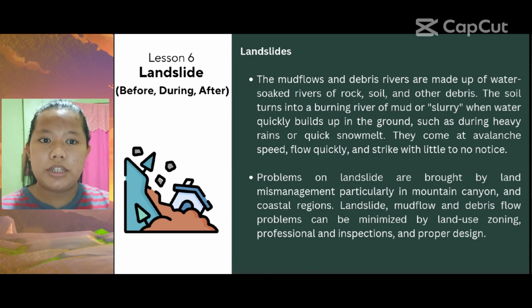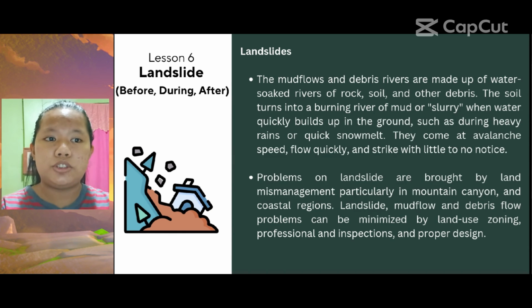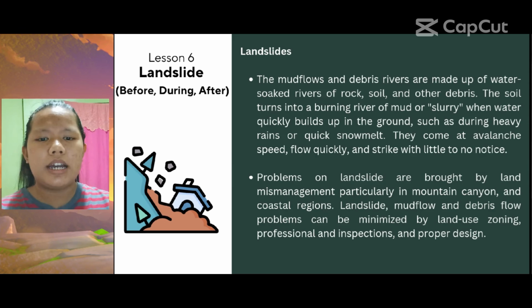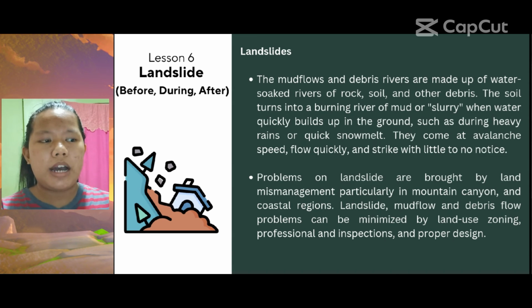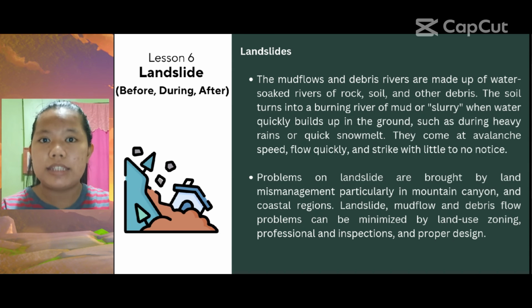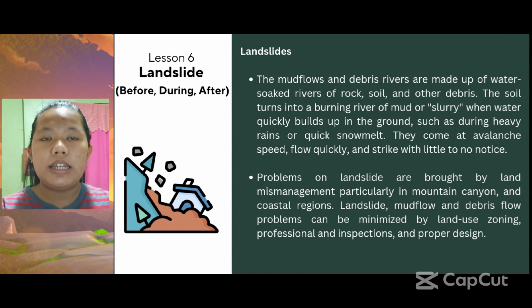They come at avalanche speed, flow quickly, and strike with little to no notice. Kay fast-paced man ang mga landslides, daghan dili makabantay or ma-aware sa situation nga there may be a landslide happening sa ilang palibot since unexpected ang iyang arrival at times.